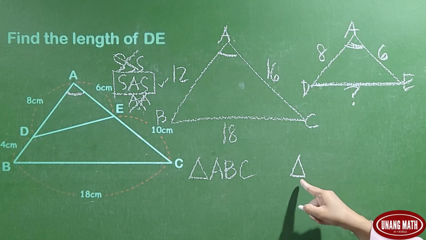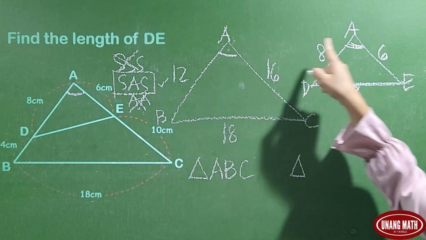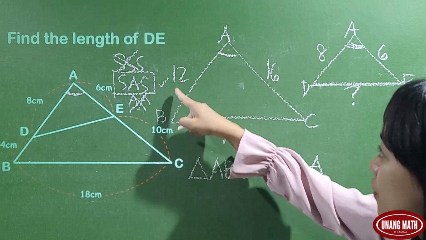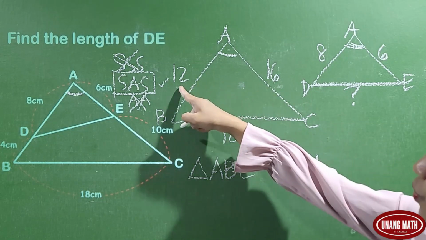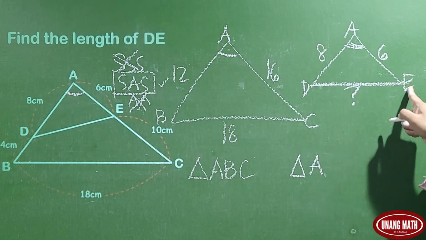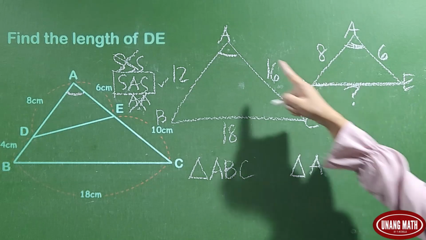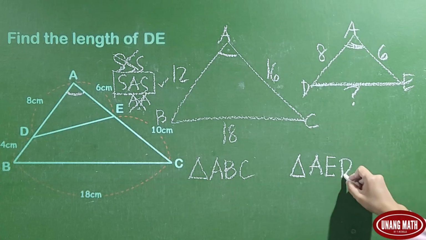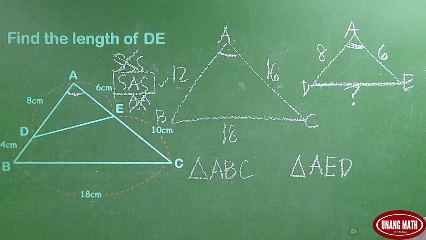Since this is triangle ABC, AB is 12 centimeters and AC is 16 centimeters. So this is shorter, this is longer. In here, 6 is shorter, 8 is longer. So it means AE corresponds to AB. So this is AED, and we have triangle ABC and triangle AED.